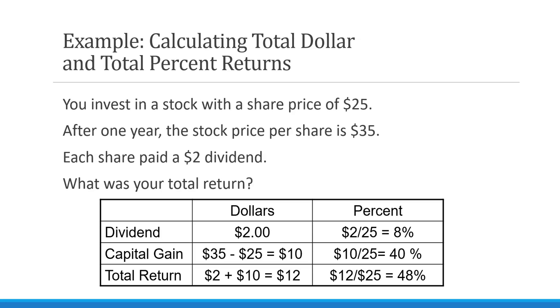Our capital gains yield was the current price minus the price we paid divided by the price we paid. So our capital gain yield was 40%. Our total return then was our dividend plus our capital gain divided by our original price, or a 48% return on that stock.